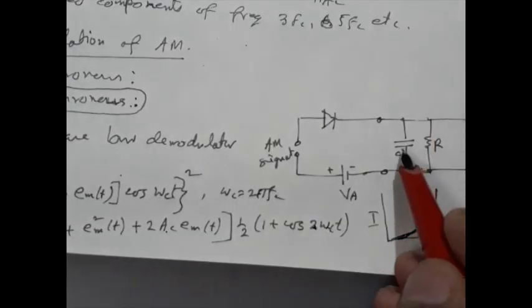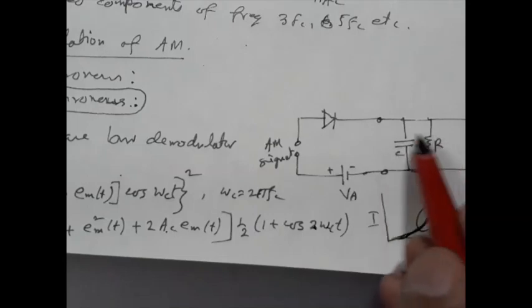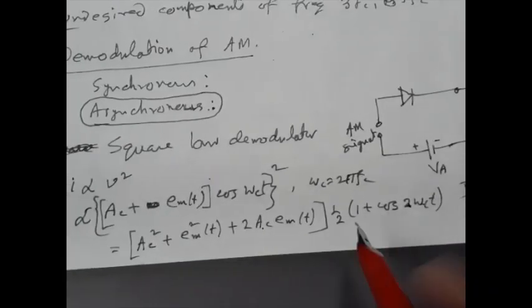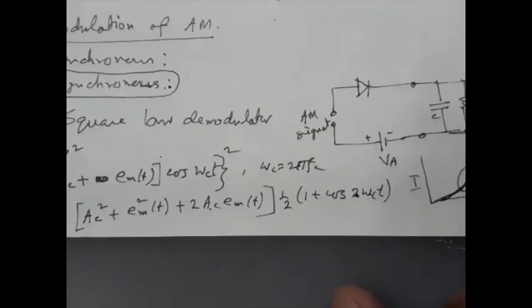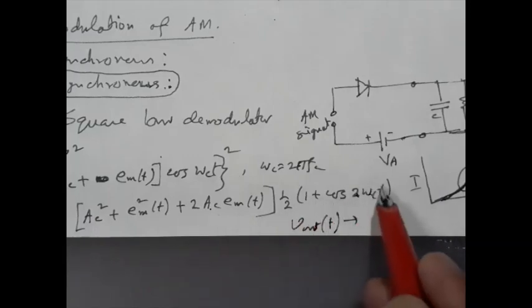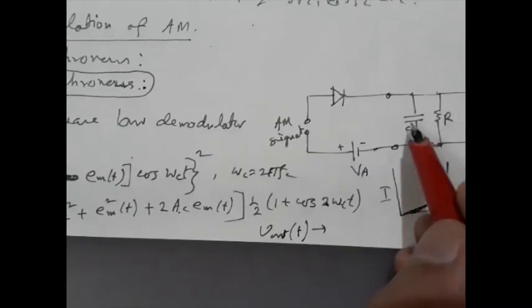So we have to select this C and R in such a way that it is able to reject these high frequency components. Now this one is multiplied with this one. So at the output, what we are getting, V out, this cos 2 omega c term will be rejected by this filter.